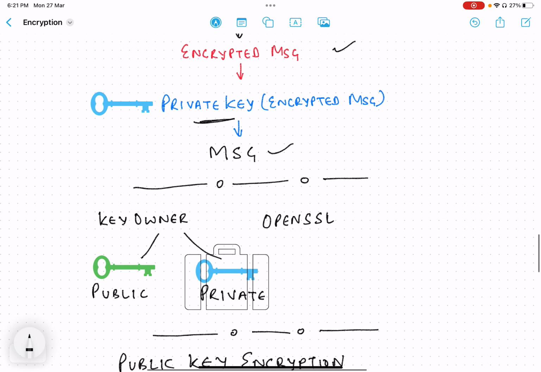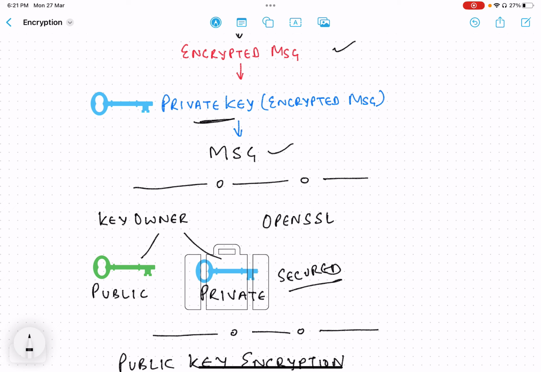In this process, there is someone who owns the key, and the person who owns the key has two pieces of it, the public key and the private key. And this key pair, as I discussed, may have been generated using OpenSSL. The private key is generally secured by the owner, and he shares the public key with people, with the audience, so that they can encrypt the data that they want to send to this owner.